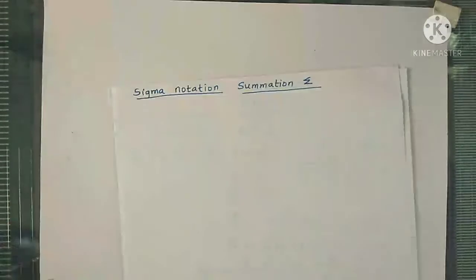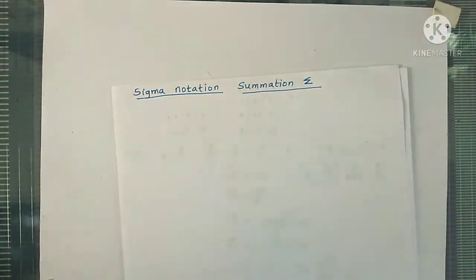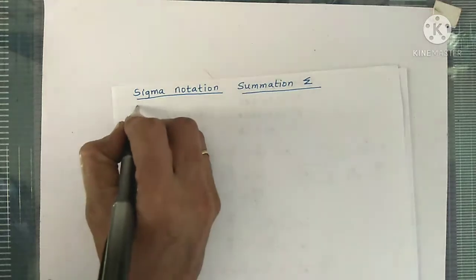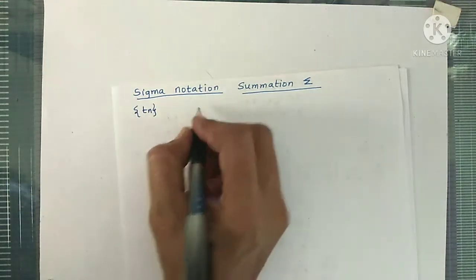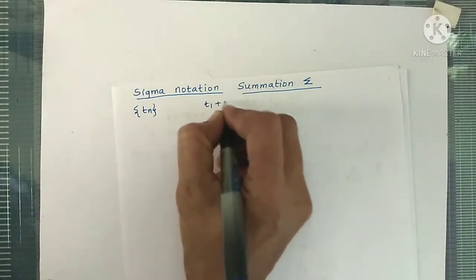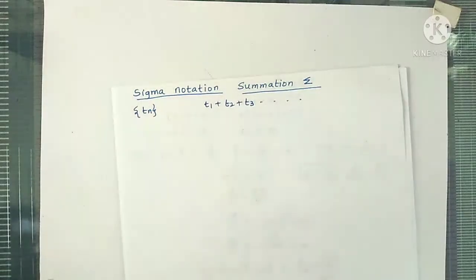Okay. Now let's study sigma notation, that is summation. This is the notation for summation. Now as we are going to study series, first of all let's see what is a series. If Tn is a sequence, then if we write the sum T1 plus T2 plus T3, this is known as series.